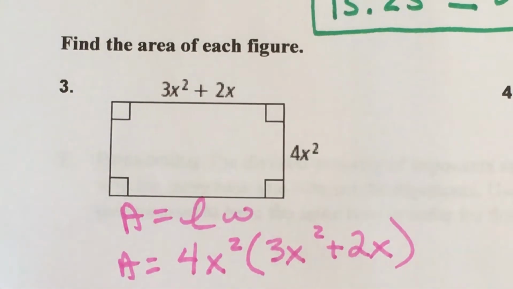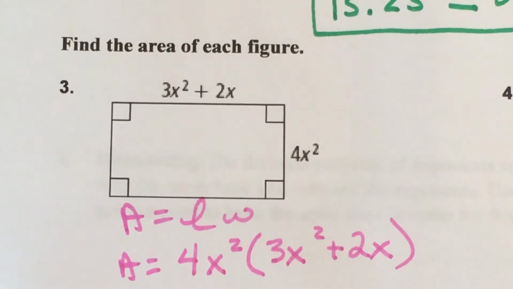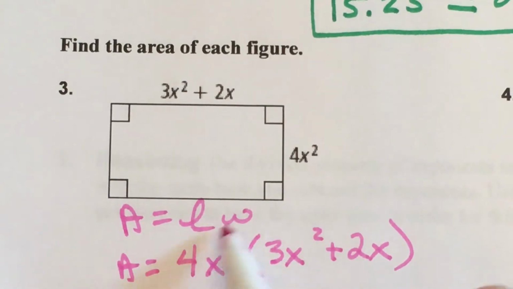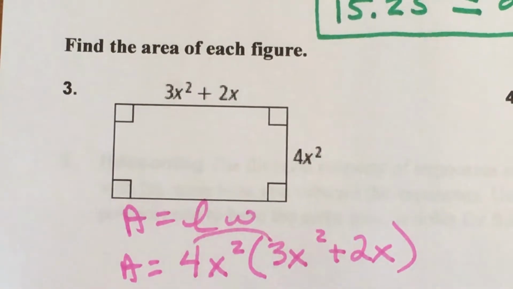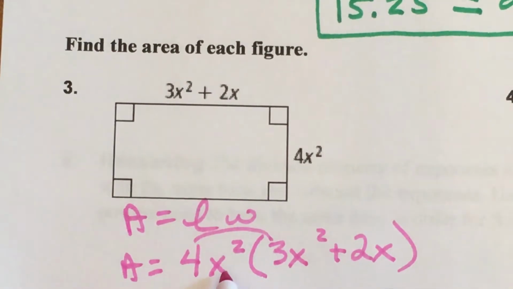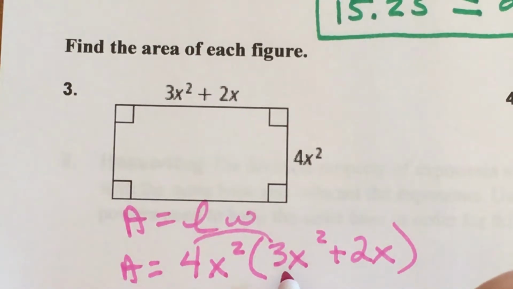Okay, let's go distribute, combine like terms if possible. Big 4 times big 3, big 12. X squared times x squared. Do you remember what to do?